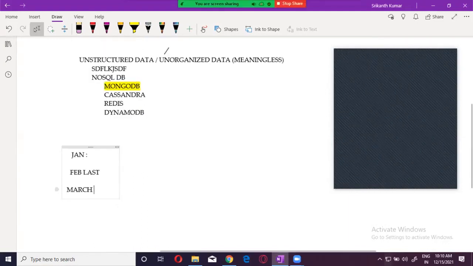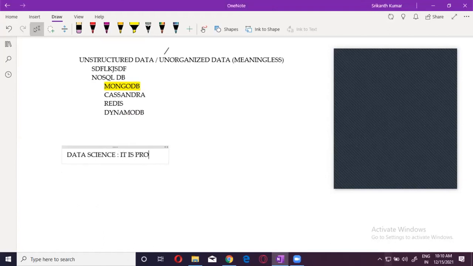When we are doing data science, it is a process of extracting knowledge from the data, guys. How will you extract the knowledge?